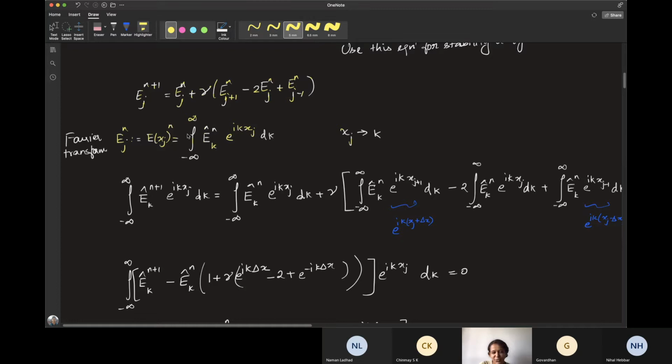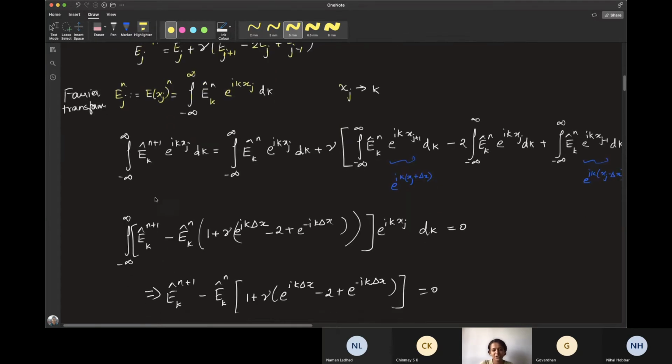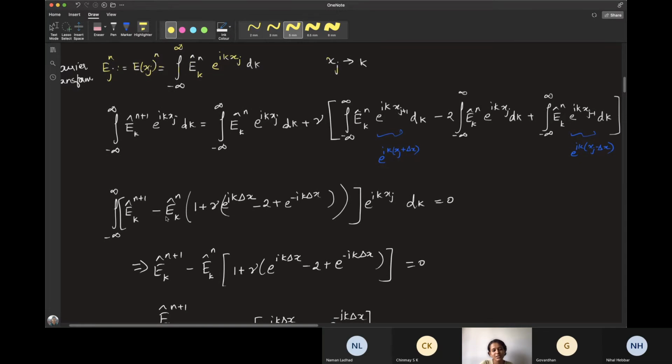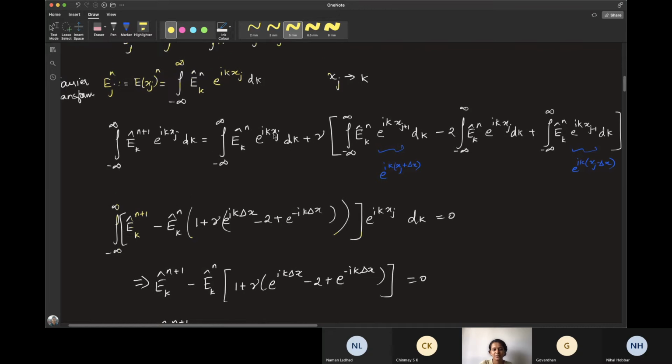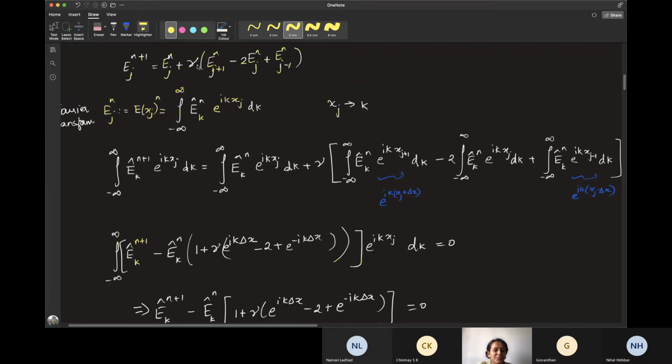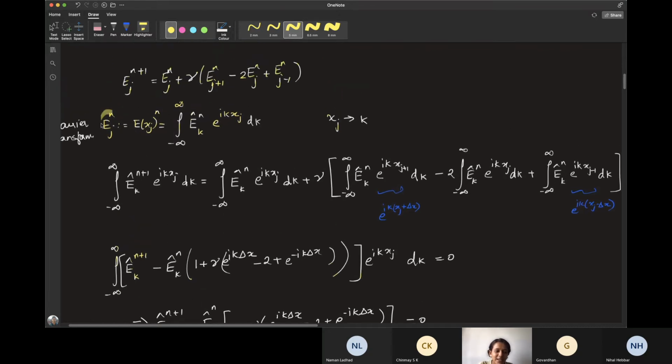We'll have some coefficients, 1 by root 2 pi or 1 by 2 pi, coming up. Let's just not consider them; even if we consider them, it will go about in the same way, and I'll tell you why later on. Let's now consider that a Fourier transform is taken, and substitute this in place of each of these quantities. For this, it will be e cap k at n plus 1, e power ik xj dk.